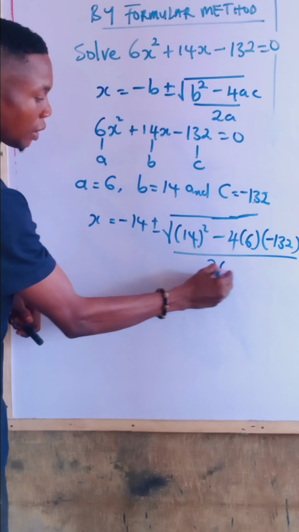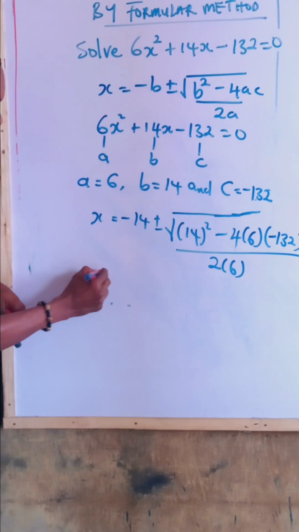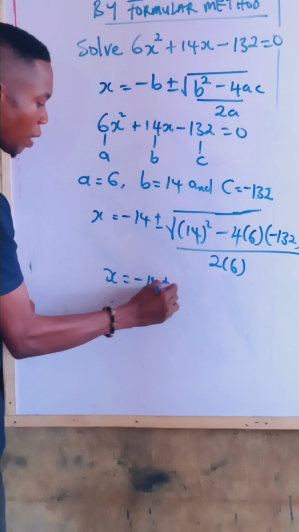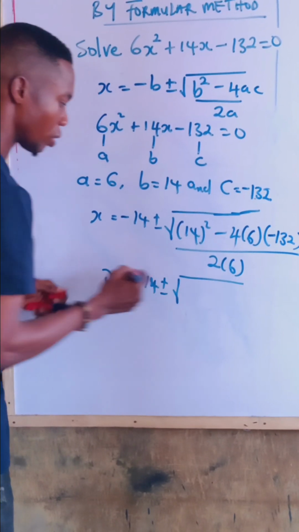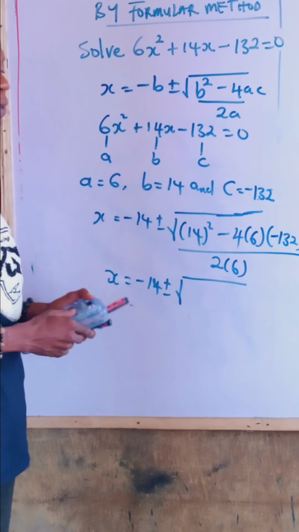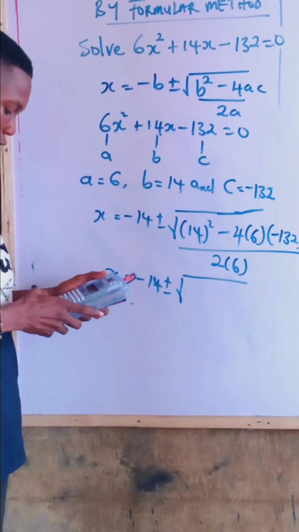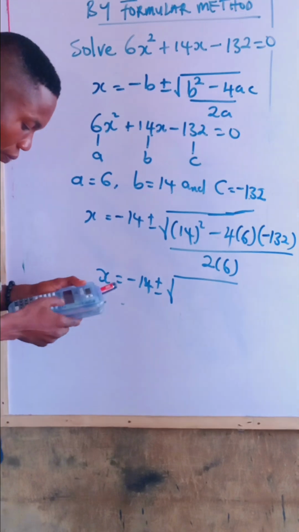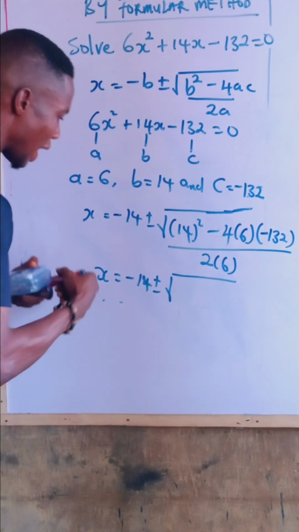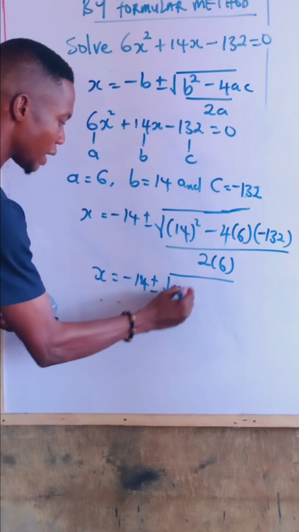Put it here. So we now have that s is equal to minus 14 plus or minus square root. We will now check our 14 squared. It means 14 times 14, which gives 196.